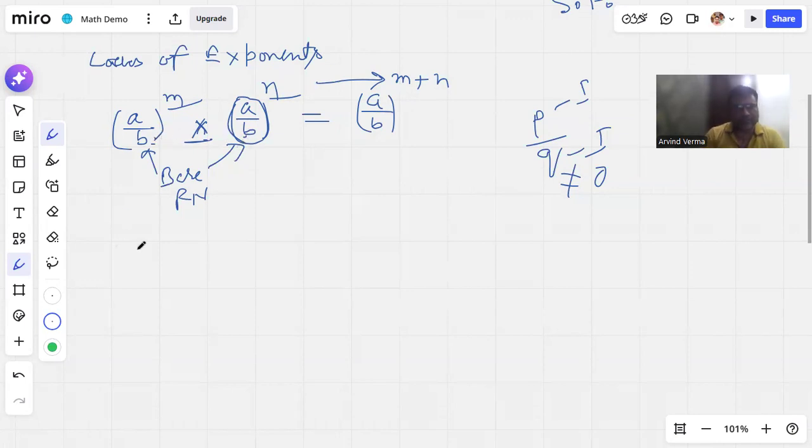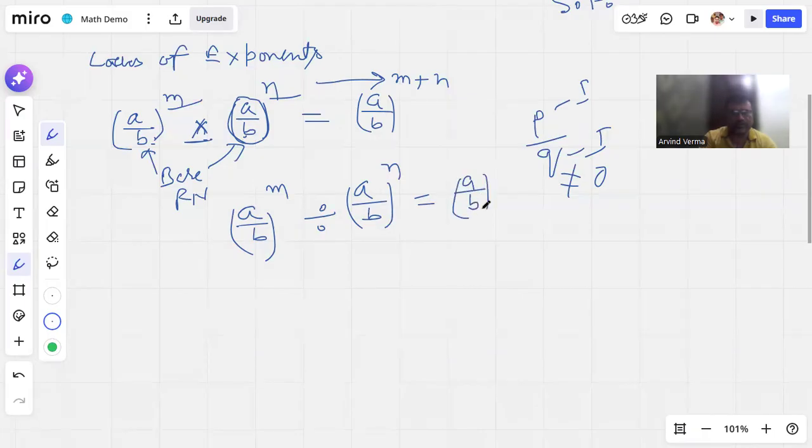Now if I have a upon b raised to the power m divided by a upon b raised to the power n, what will be the answer? It is a upon b raised to the power m minus n.